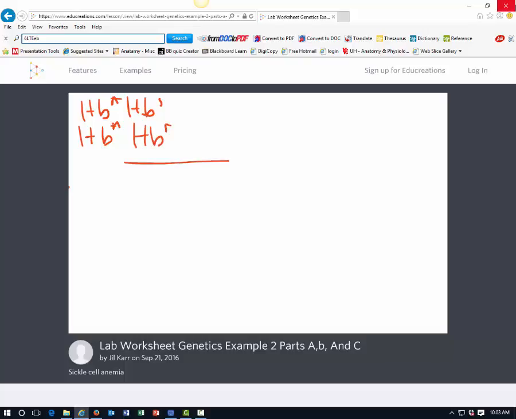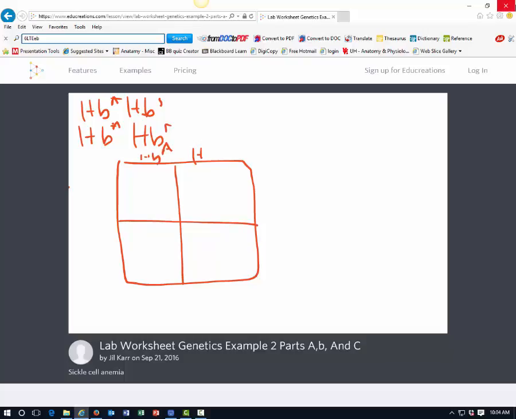So when I do a Punnett Square of these individuals, this parent will be HbA, the other 50% of sperm will be HbS, same thing with the mother, 50% of eggs will carry HbA, 50% of eggs will carry HbS. So if these two come together, we have HbA, HbA.